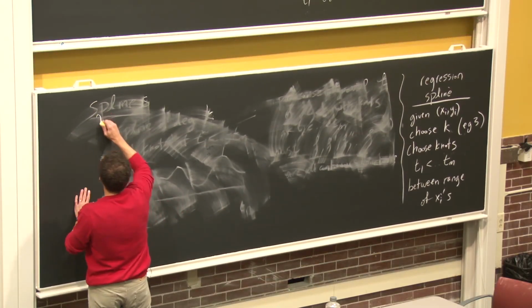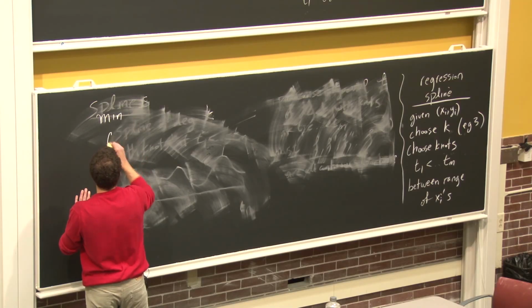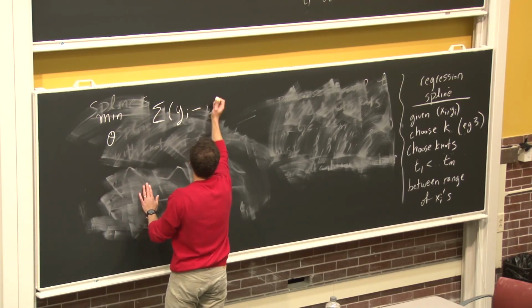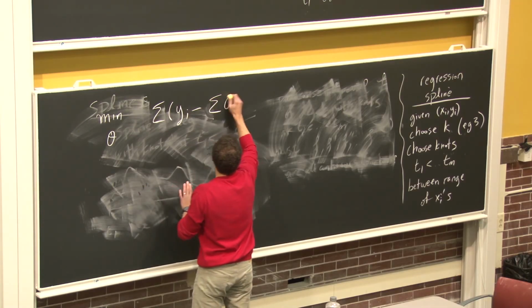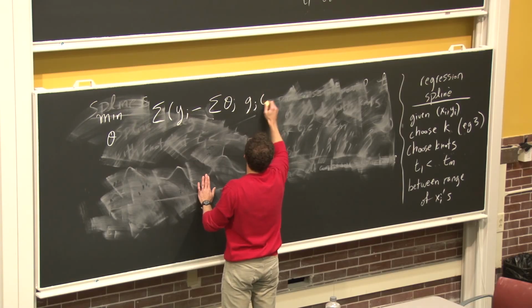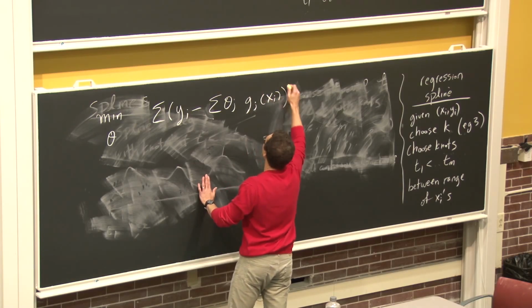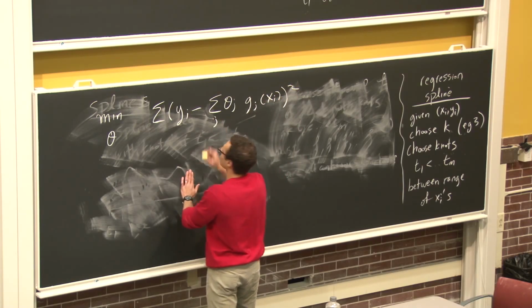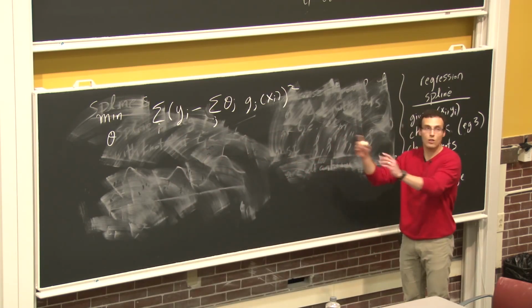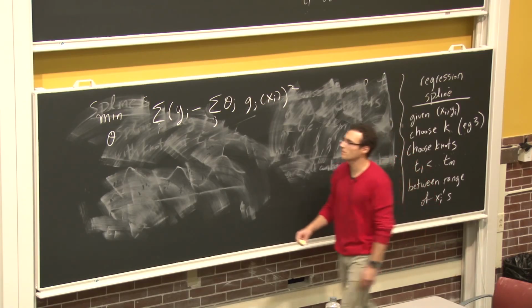So I'm going to solve this problem: minimize over all choices of coefficients theta, the sum of yi minus the sum of theta j times gj of xi, squared. And whatever solves that problem, I'll call theta hat.